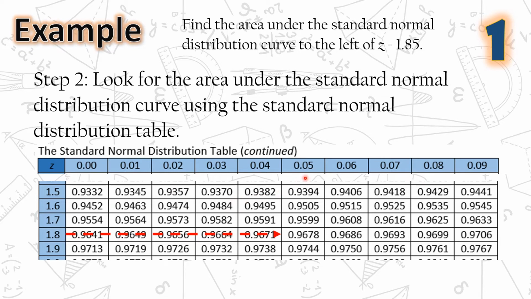Draw an imaginary vertical line from 0.05, and then where the two imaginary lines intersect, it shows the desired area corresponding to the left of 1.85 on the normal curve. Here it is: 0.9678.